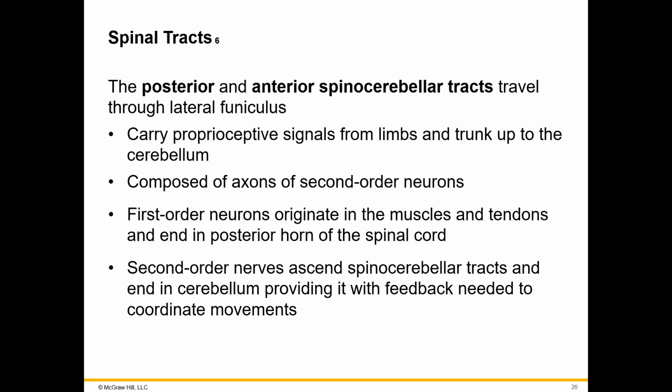That's the first order neuron. Then the second order neuron ascends the spinocerebellar tract and ends in the cerebellum, providing it with feedback needed to coordinate movement. So that tells you the cerebellum is specialized for movement.